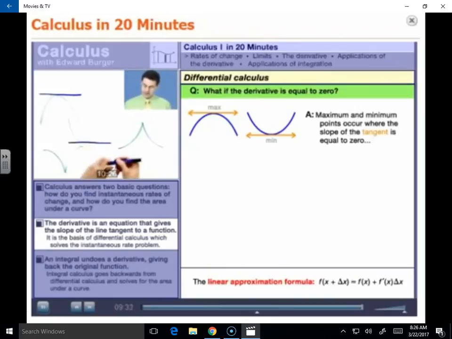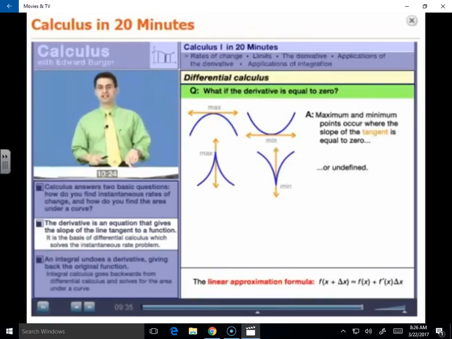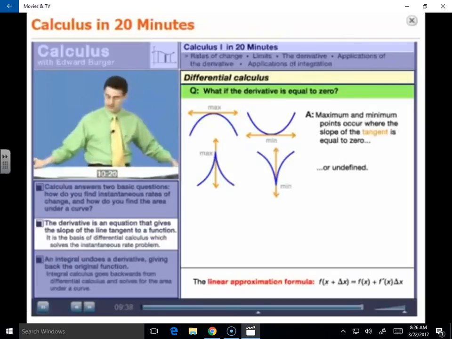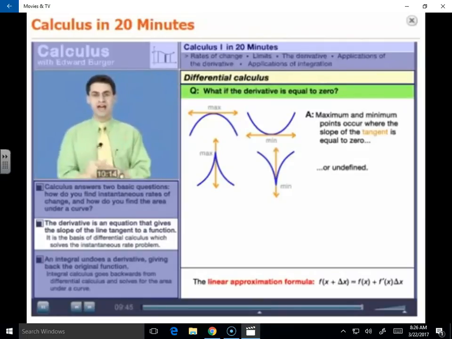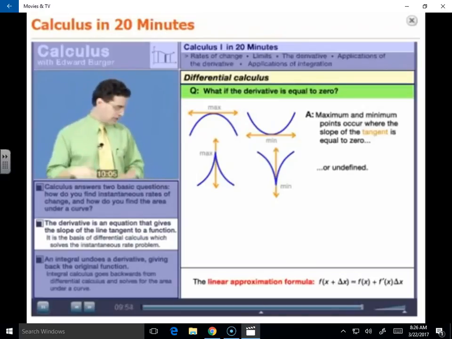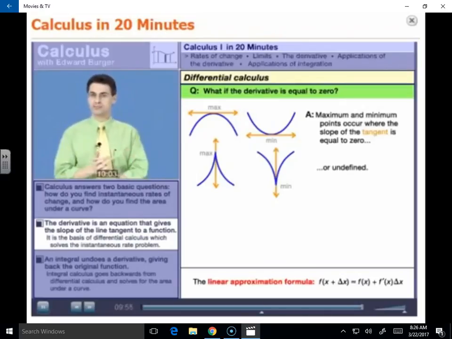Well, that might be a max, that might be a min. So in particular, you can find out when objects are maximized or minimized. You can find the maxima or the minima very easily by using calculus. What do you do? You take a derivative and you see where it equals 0 or where the derivative doesn't exist but the function does. Those give you candidates for possible max and min. And what can you use that for? Well, you can do all sorts of max-min problems. You want to maximize profits, you want to minimize cost.